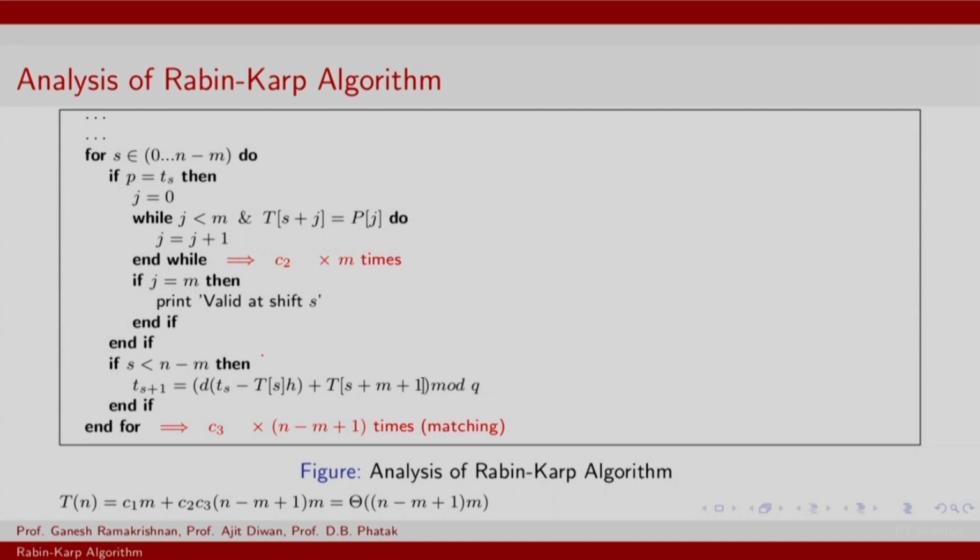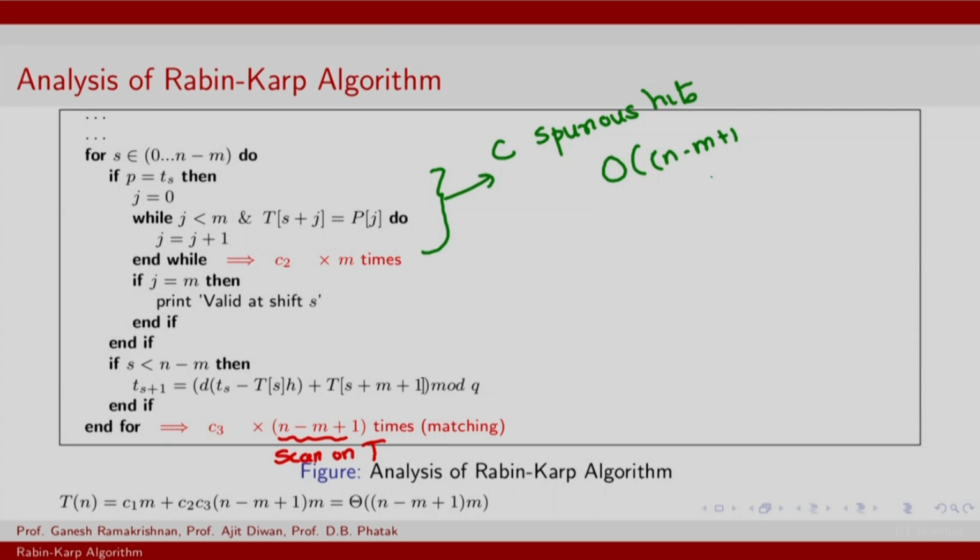The matching of every position in T, the strings originating at every position in T with P is going to involve a scan over the entire array T. So that will be n minus m plus 1 positions in T. Now if there were C of such hits which were spurious, or what we referred to earlier as false alarms, the expected matching time owing to these false alarms will basically be of the order of n minus m plus 1, which we have already accounted for, plus C times m, because with every spurious hit you will need to do a scan over both P and T.